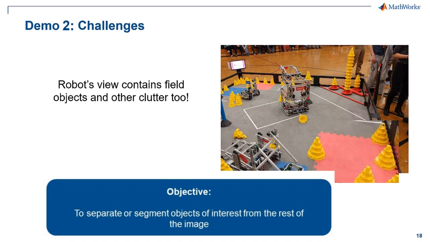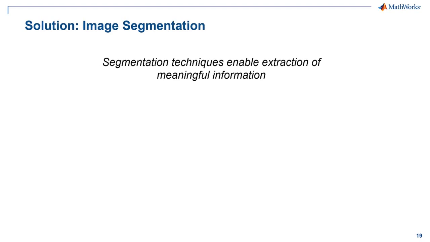So the main objective here is to separate or segment out the regions of interest from the rest of the clutter in the image before detecting their actual position in the scene. Image segmentation will help us solve this problem. Segmentation techniques enable extracting meaningful information from an image by assigning all the pixels in a region with similar properties the same value.